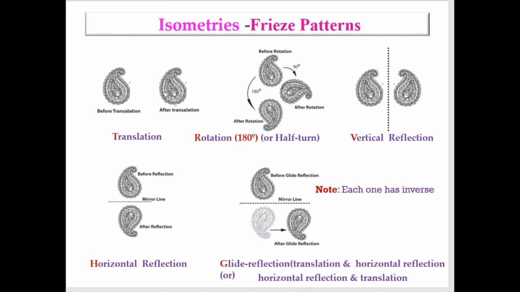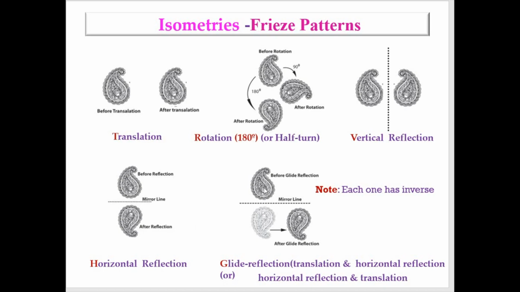When it is translated through some distance, this is what we have. This can be kept as such, so that one pattern that we get involves only translation. And by rotation or a half turn, we mean this. When it rotates through 90 degrees, this is how it will look. And when it is rotated through 180 degrees, we have it like this. And this one is vertical reflection, and this is horizontal reflection.